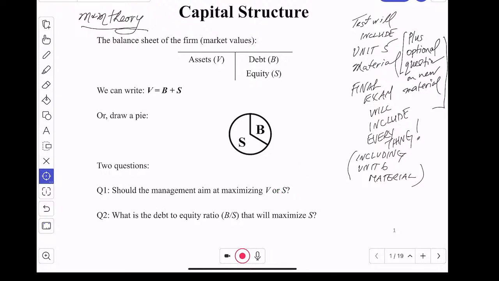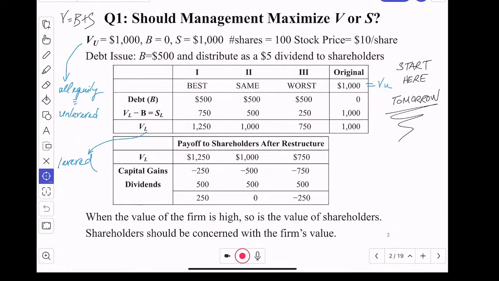That shares profits with them and increases. And then the question is, do they care about just that, or do they care about the value of the firm? So I provided an example to illustrate in very simple terms that they are tied. The shareholders should be concerned with firm value. And the illustration went like this.